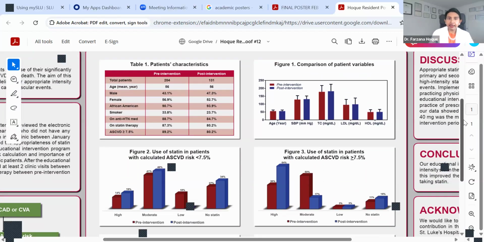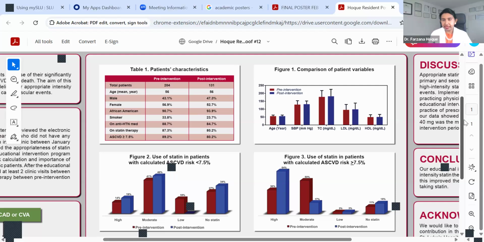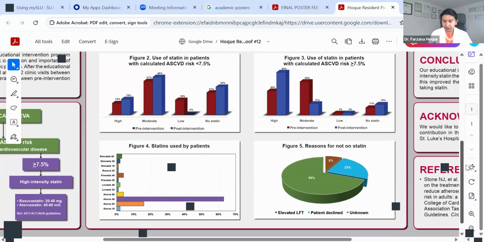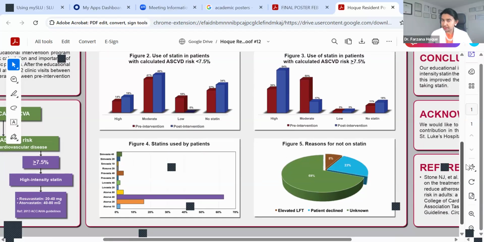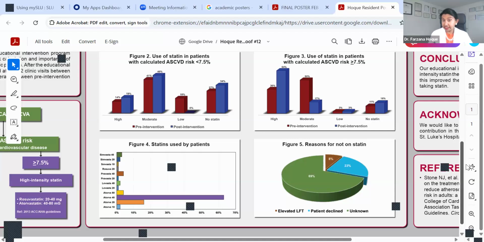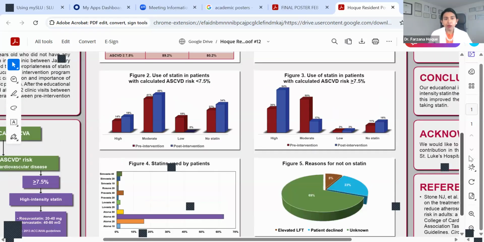And here I kept all these graphs, figures and tables in the middle so that they are more prominent, so that the audience remembers them. One piece of advice: when you are giving all those pictures and images, make sure they are well titled and numbered so that they are easily followed, and that you are labeling all parts of the images so that people can grasp the message within 10 seconds.